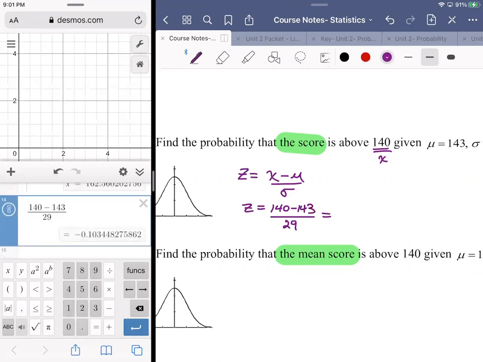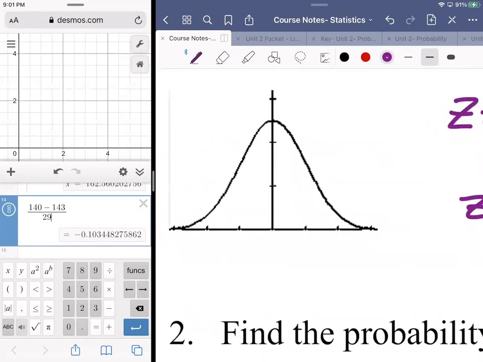So we got this value, negative 0.103. All right, so here's 0, 1, 2, 3, negative 1, negative 2, negative 3. I need to go negative a smidge to the left of the y-axis. So this is z equals negative 0.103.